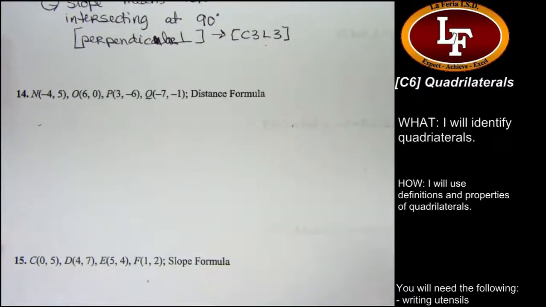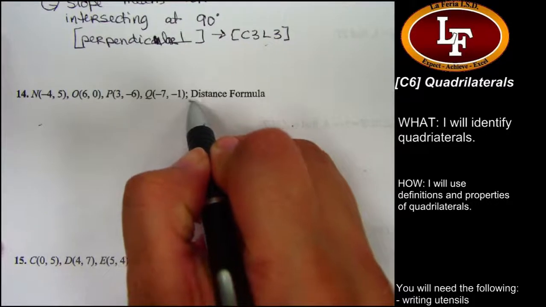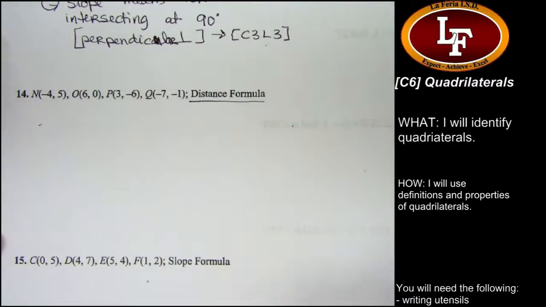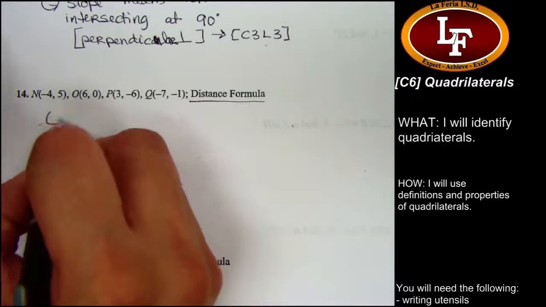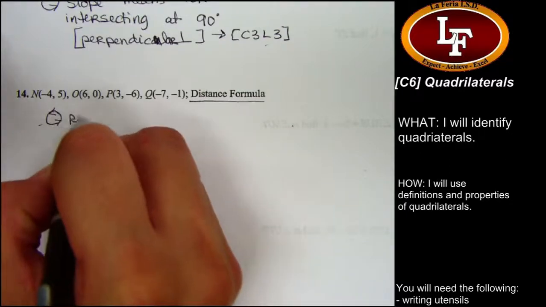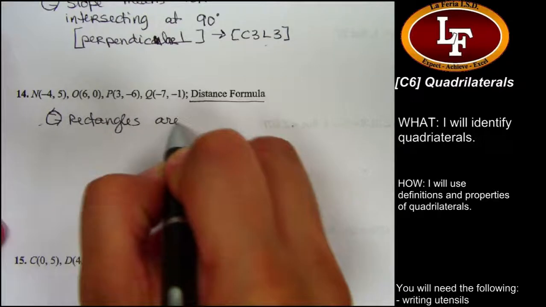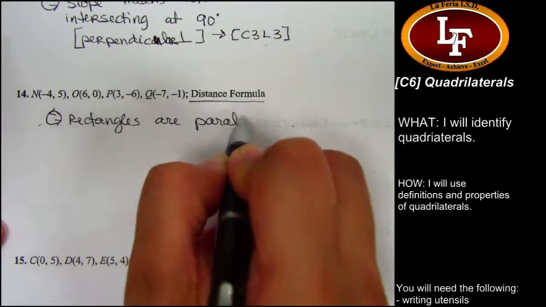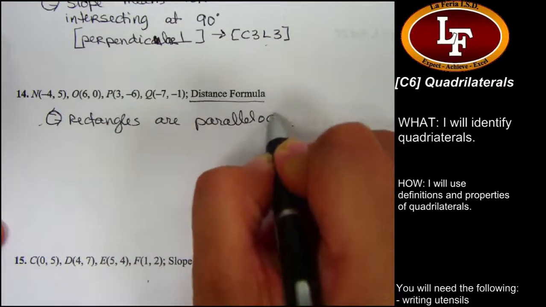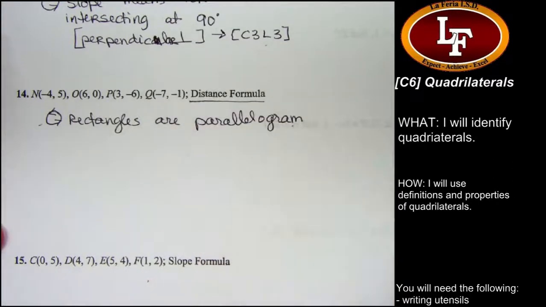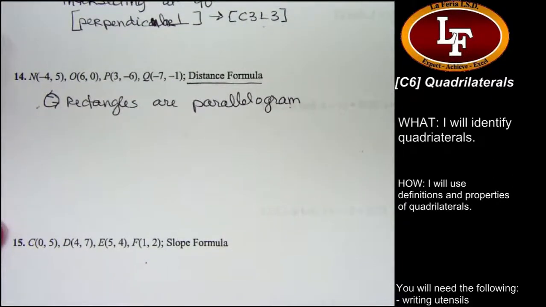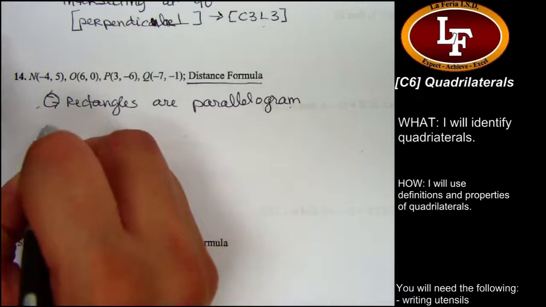All right, next one is asking you to see if it's a rectangle and then verify using the distance formula. Again, the next thing for you to recall is that all rectangles are parallelograms. And so using your properties of parallelograms, you need to figure out for which one the distance formula will be helpful for you to use.